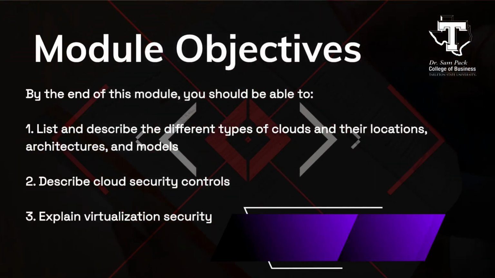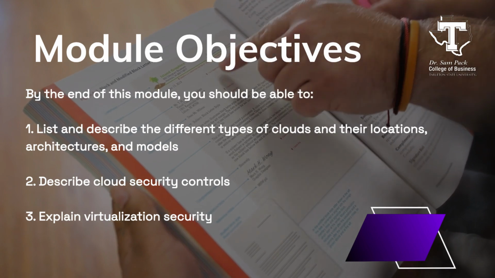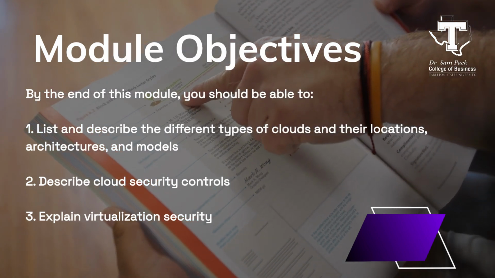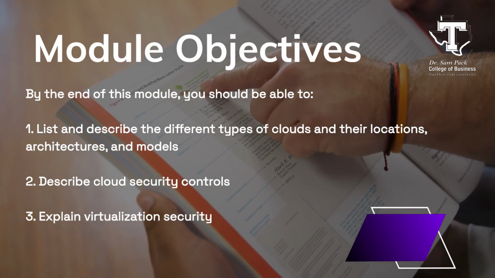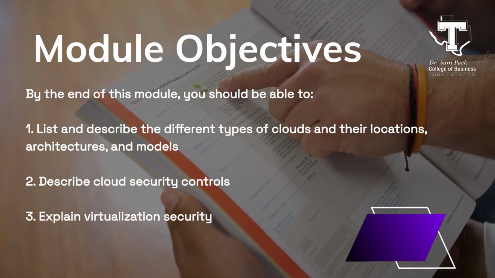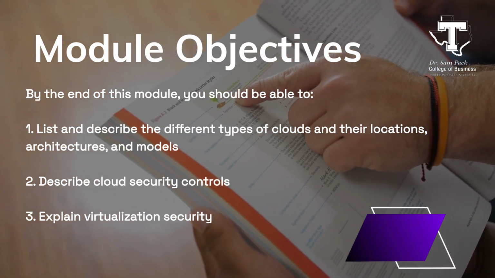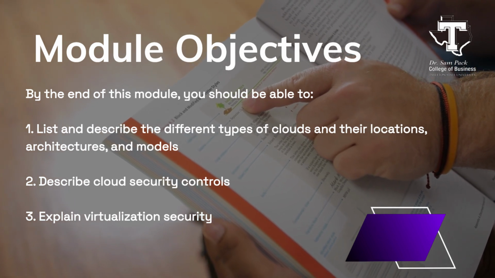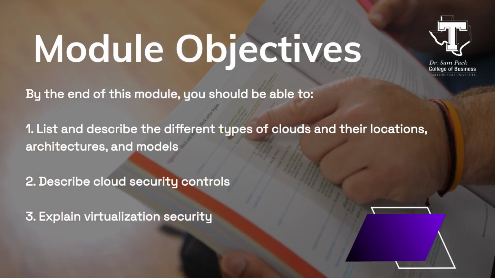Let's jump into the essentials of Module 11, Cloud and Virtualization Security. First, we'll cover the different types of clouds. Public clouds like AWS and Azure are available to the public and offer scalability at a lower cost. Private clouds are exclusive to one organization, providing more control over data and security. Hybrid clouds mix public and private clouds, offering flexibility by sharing resources between both.